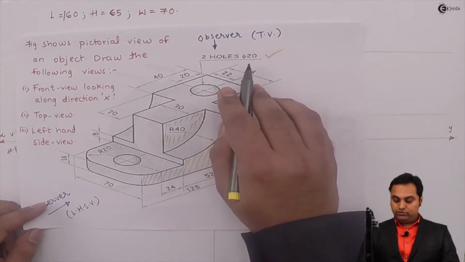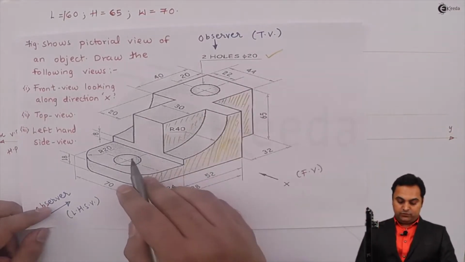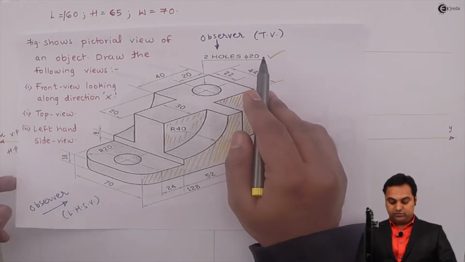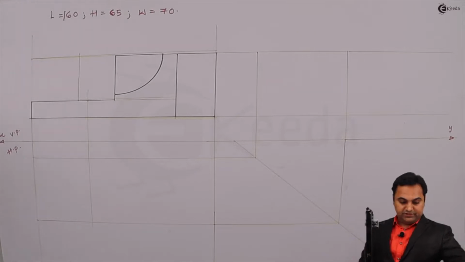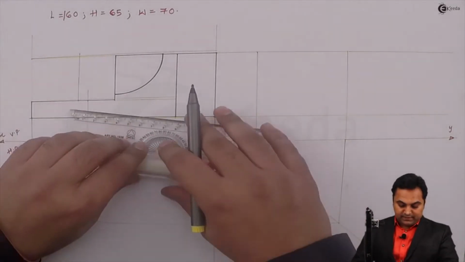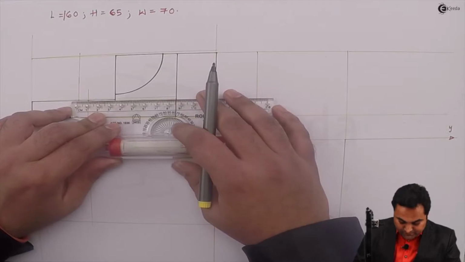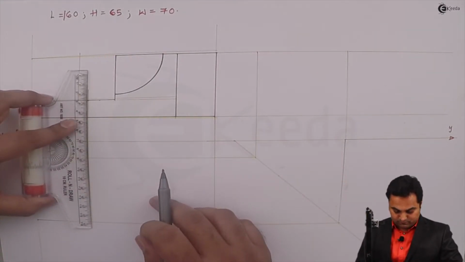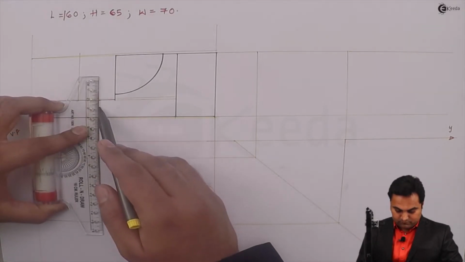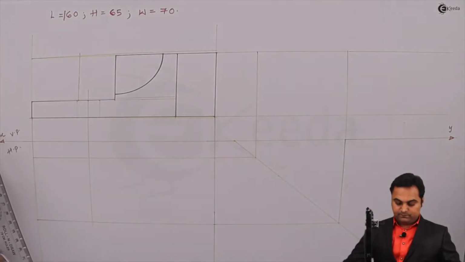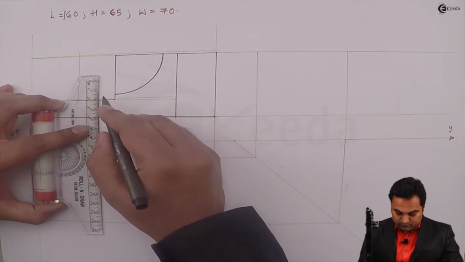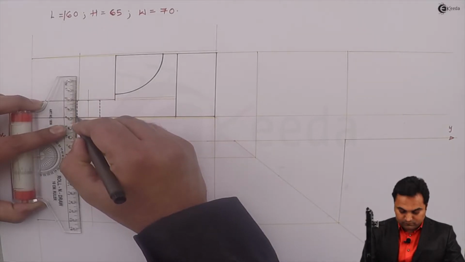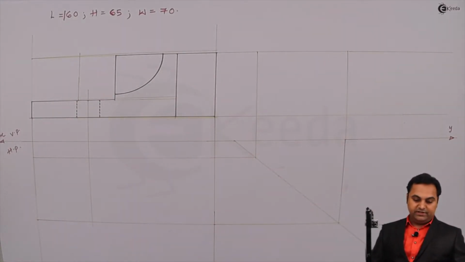It is given two holes of 20 mm diameter. So they have not given the dimension here, but together they have marked the dimension on this location. So from this center, I'll be measuring 10 mm on both sides. So this hole is hidden.